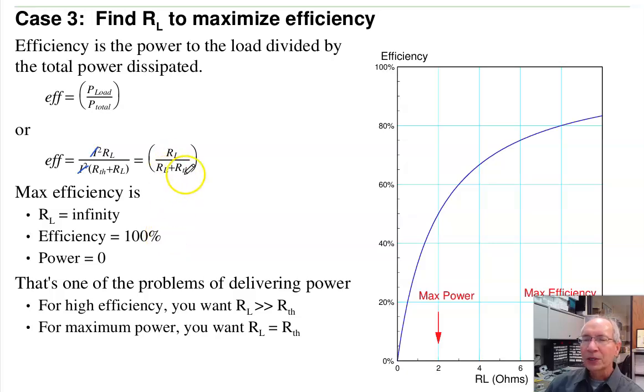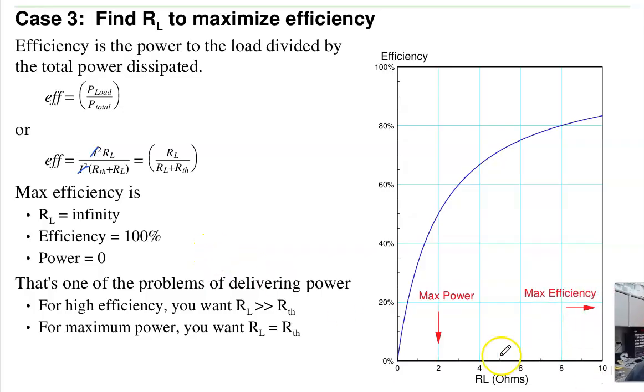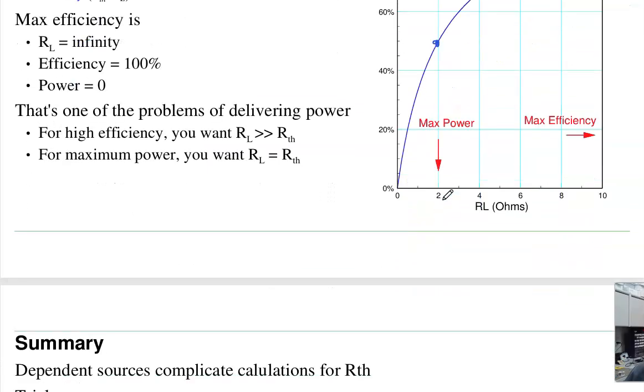When RL equals R Thevenin, I'm at 50% efficiency. So if I plot efficiency versus load for 2 ohm load, here is max power, 50%. Infinity is max efficiency. And you kind of see that there's a trade-off. To get higher efficiencies, I get less power to the load. So you're kind of stuck.